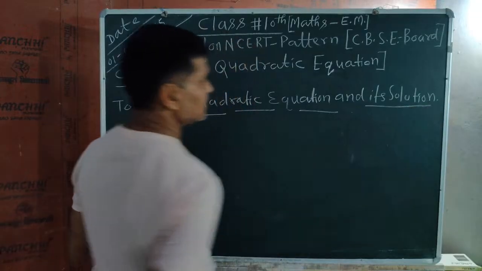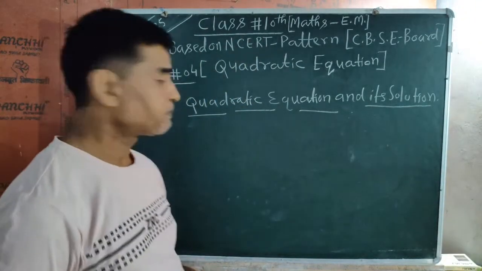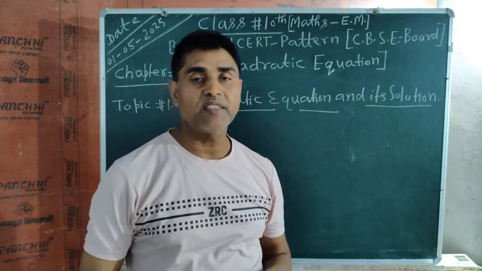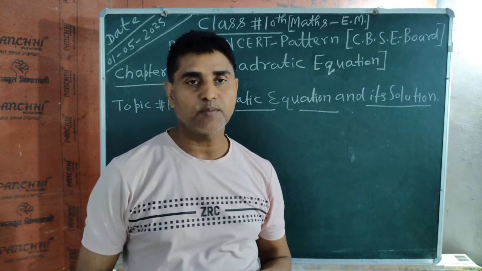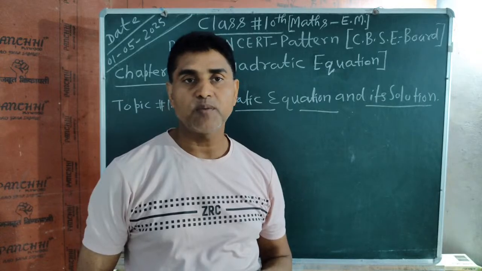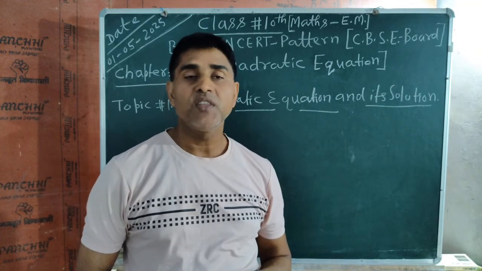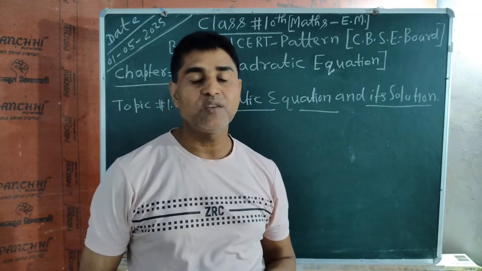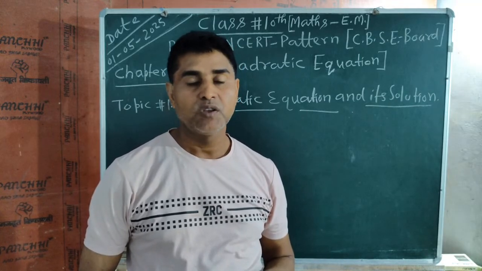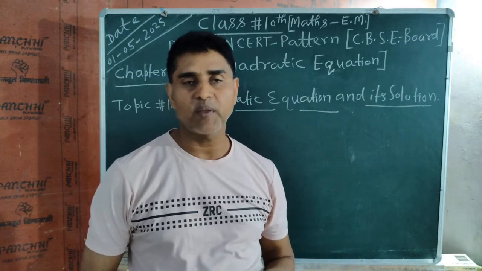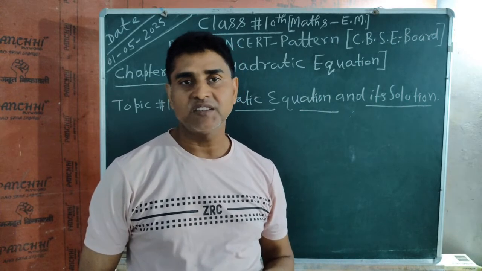In this topic I will explain two cases. Case number one, in other words step number one: the given equation is written in the form of f of x, that is f of x is equal to 0.